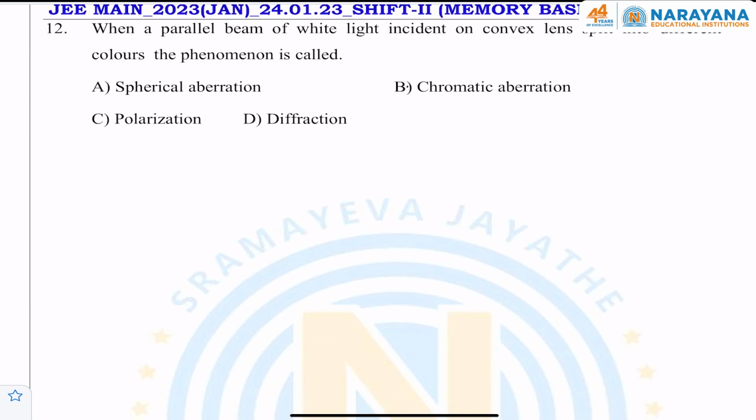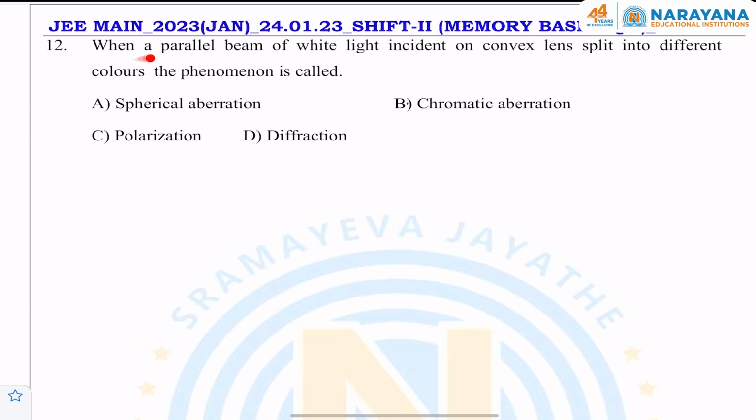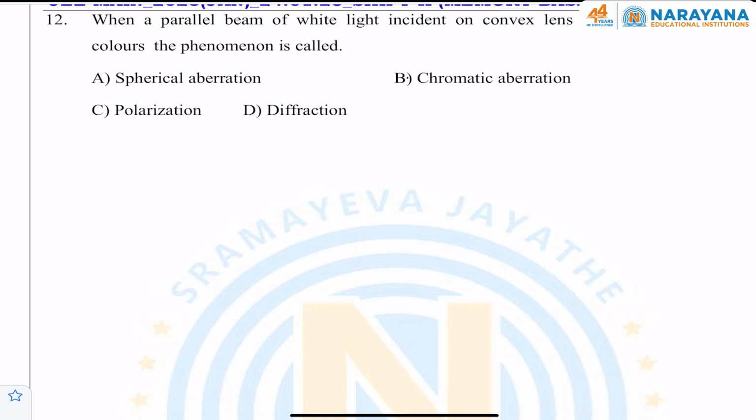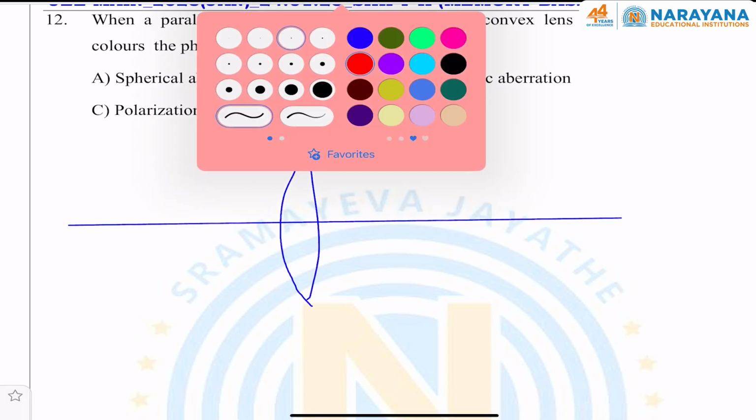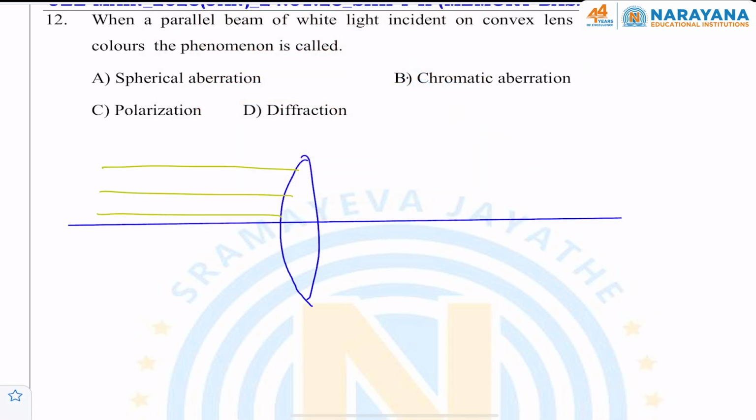Next, 12th question. When a parallel beam of white light incident on a convex lens splits into different colors, the phenomenon is called. Suppose I consider a parallel beam of light incident on a lens.